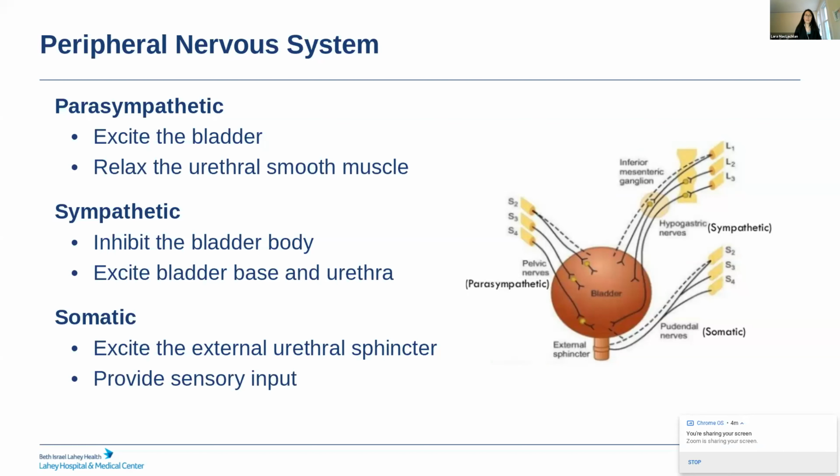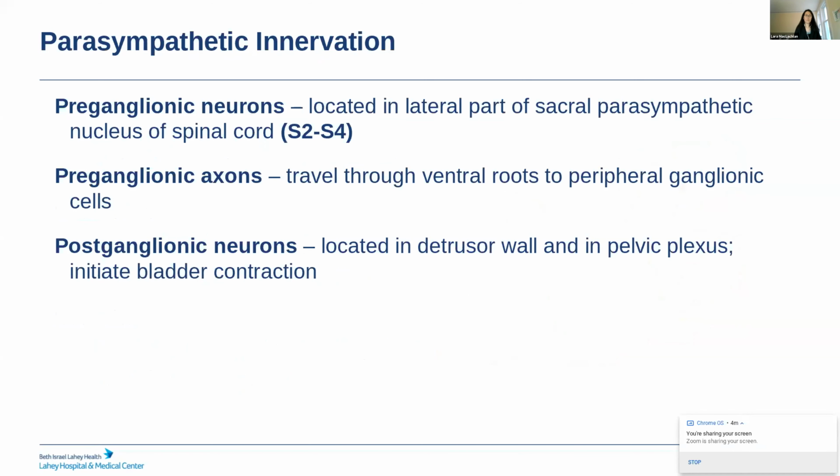And then the somatic systems are used to excite the external urethral sphincter and to provide sensory input from the bladder. We're going to go even deeper into this because this information, although it seems very detailed, are questions that can come up on your in-service exam and the written boards.